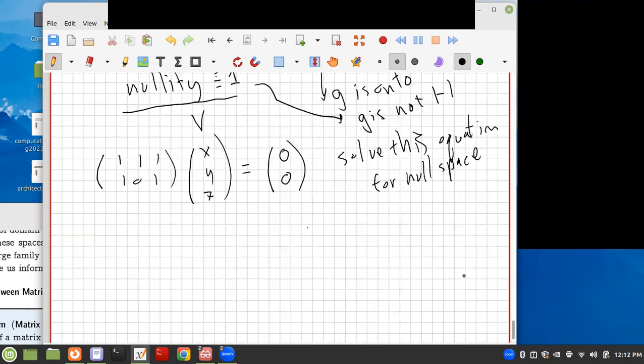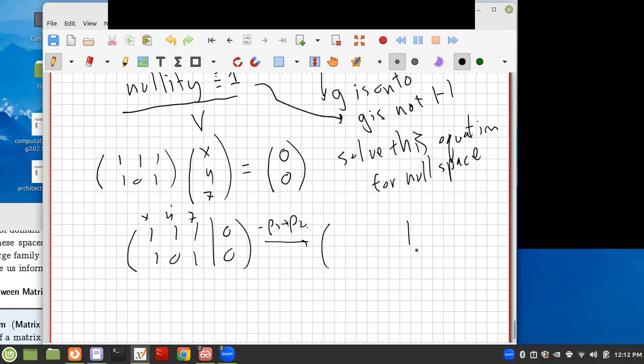Okay? So, how would we do that? Well, we would just say 1, 1, 1, 1, 0, 1, 0, 0, right? The augmented matrix for the coefficients, not A, B, and C, but X, Y, and Z, because I've already said X, Y, and Z. So we would do minus row 1 plus row 2, and give 1, 1, 1, 0, and 0, minus 1, 0, 0.